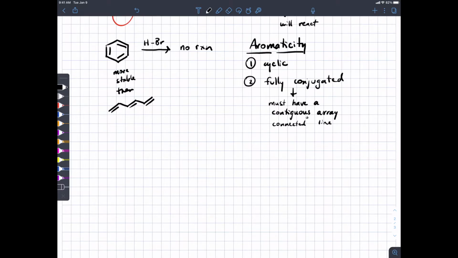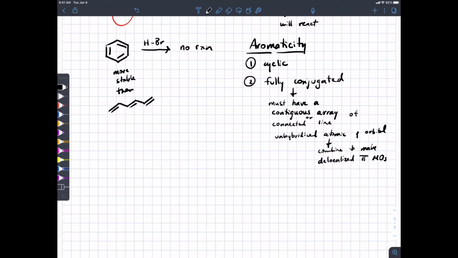A contiguous array or connected line of unhybridized atomic p orbitals that we're going to combine to make delocalized pi orbitals, pi molecular orbitals. Okay, so what do we mean by this?